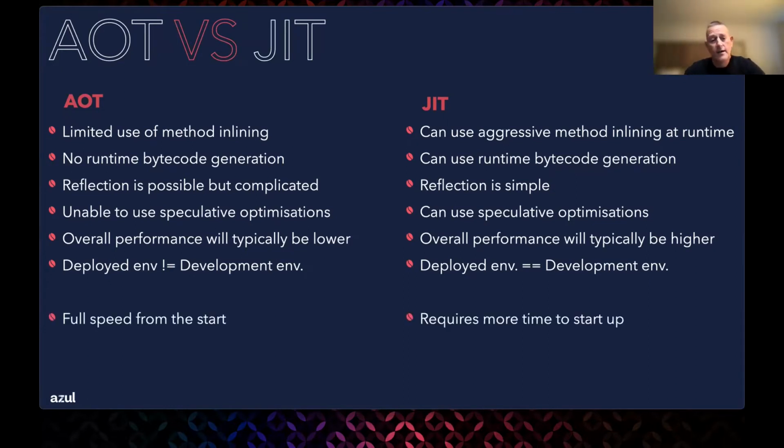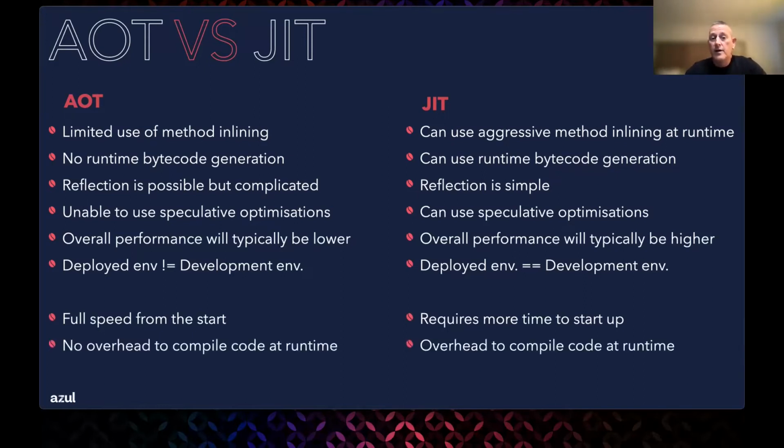Okay, on the other hand, AOT starts with full speed, right? So there's no really startup time that's needed for the JIT. With AOT, you can really just start straight away. There's no overhead to compile code at runtime, where we have the overhead of the JIT. And we also have a really small memory footprint, because the AOT created code just contains the classes that we really need, where the JIT always has the whole thing, even classes that have never been used, but are part of a library, for example.